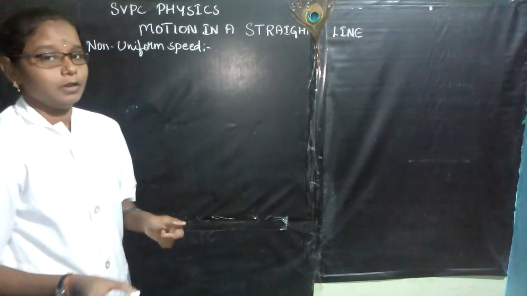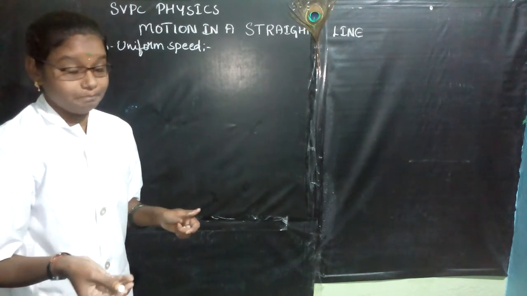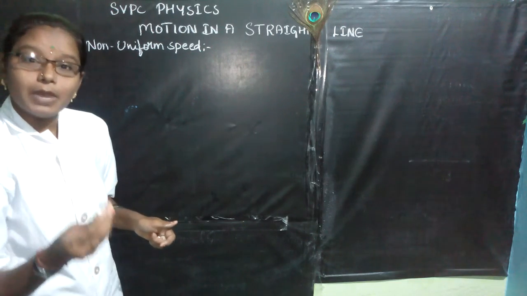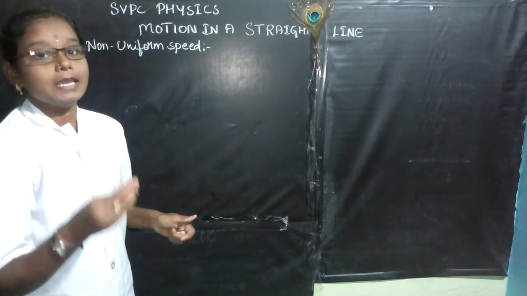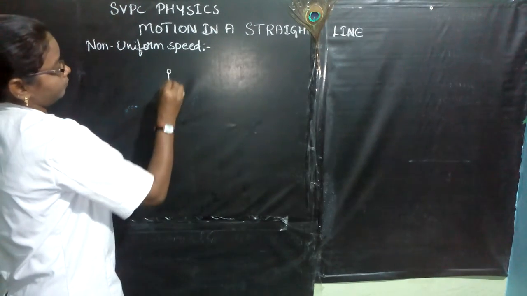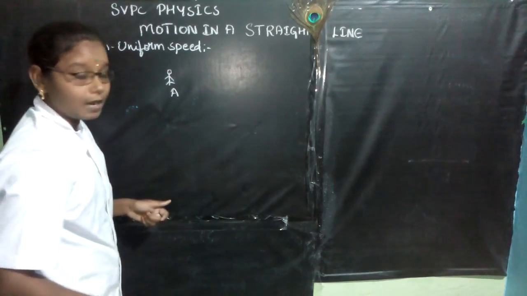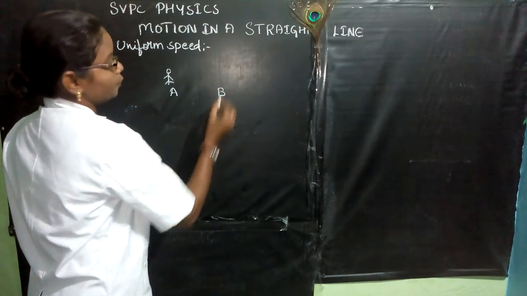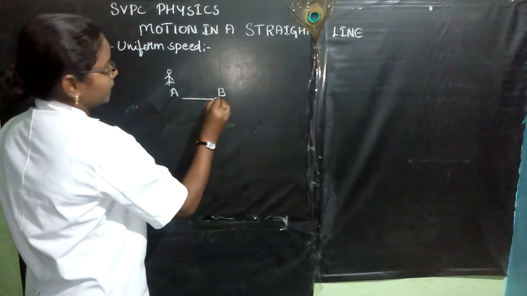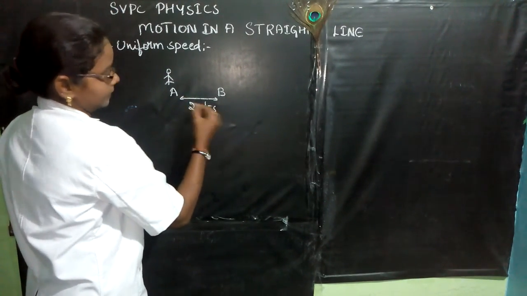Here we had equal distances in equal intervals of time, but now, unequal distances in equal intervals of time. Suppose a boy starts from A and reaches point B by covering 2 meters in 5 seconds.